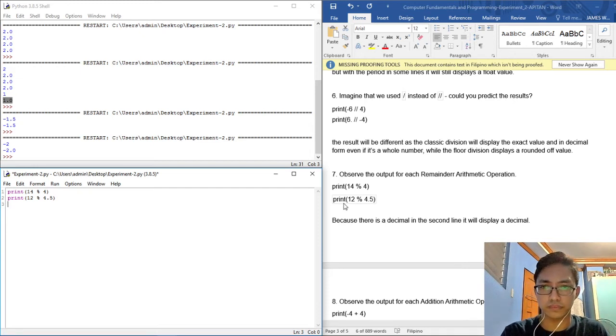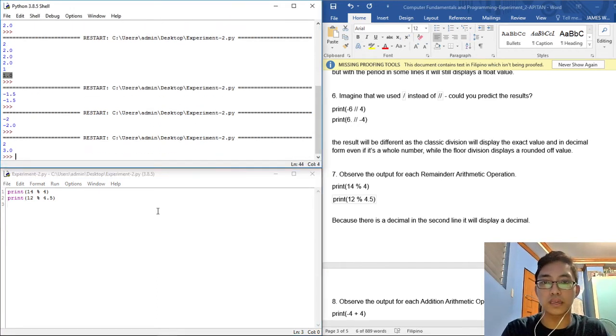So we will now see if these are true. Yes, it's true. 14 divided by 4 has a remainder of 2, while 12 divided by 4.5 has a remainder of 3.